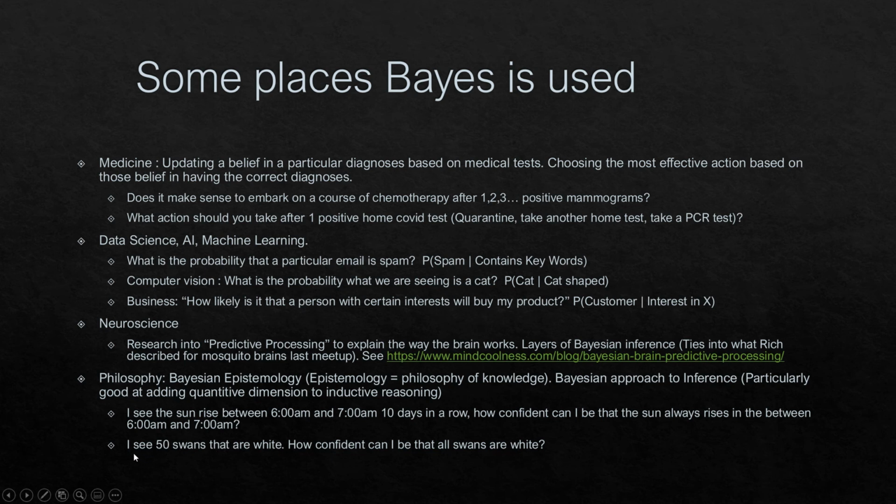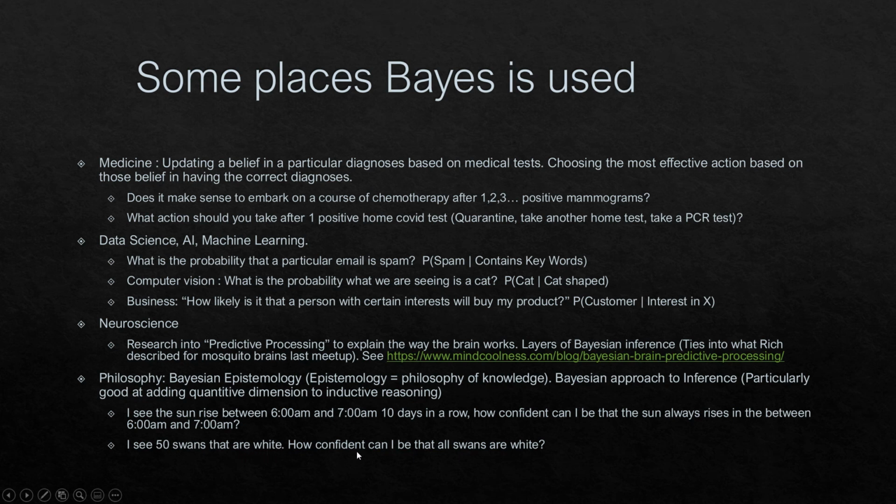Same thing with swans. If you see 50 swans in a row that are white, how confident can you be that all swans are white? This particularly applies when you think about the 18th century. If you're in Europe in the 18th century, you're probably going to see that all swans are white, and your instinctive thought is that 100% of swans are white.